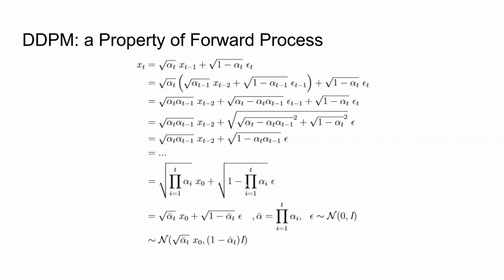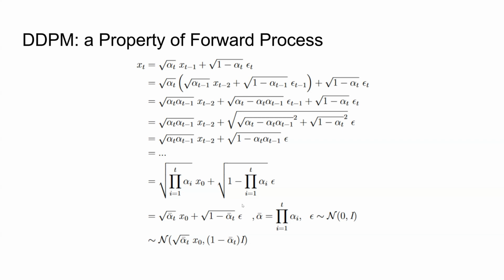Another interesting property to note is that if you have two Gaussian variables, the sum of them follows a Gaussian distribution with the means added and the variances added, then taking the square root. So this is an important property for this derivation. Just keep it in mind.